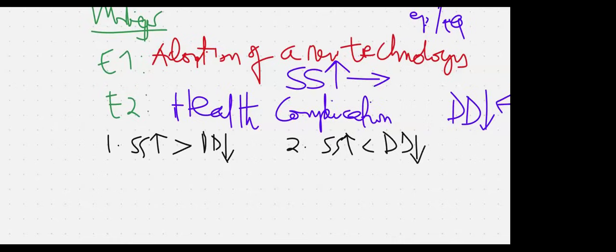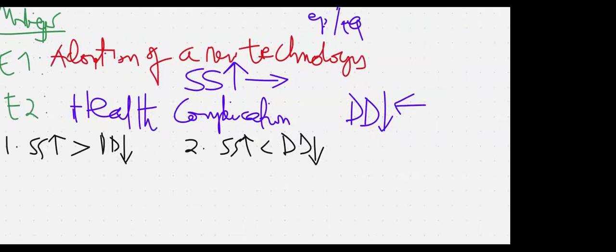What if the adoption of the new technology had a greater impact than the health complication on the demand for the MKM cocoa drinks? Stage 2: we are going to draw a graph for stage 2. What if the health complications about the cholesterol levels have a greater impact on the demand for the MKM cocoa drinks than the adoption of a new technology had on the supply? Then stage 3, the third graph.